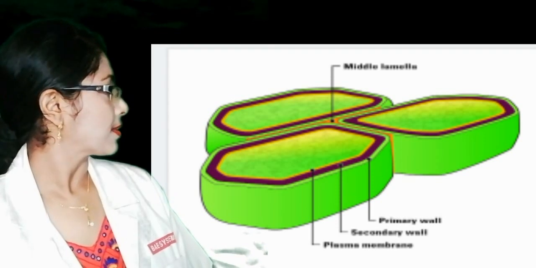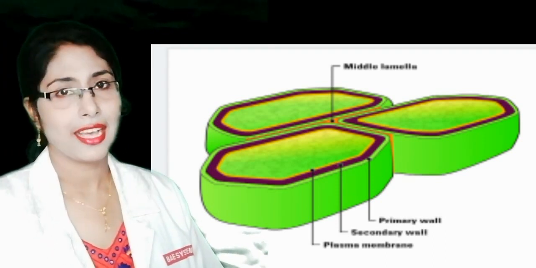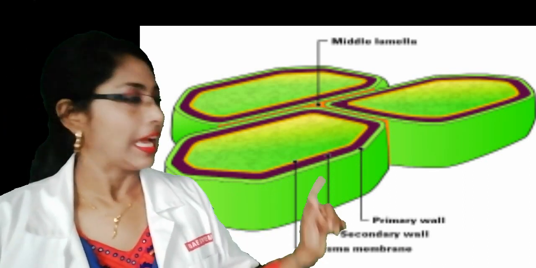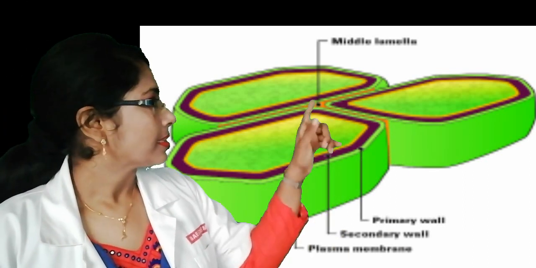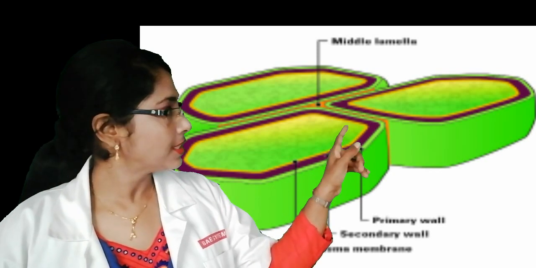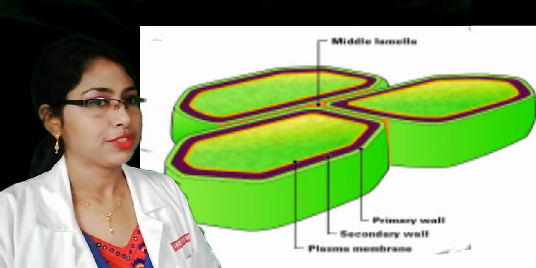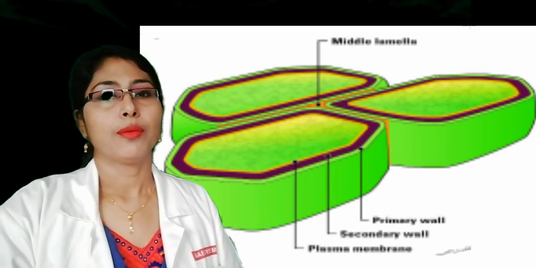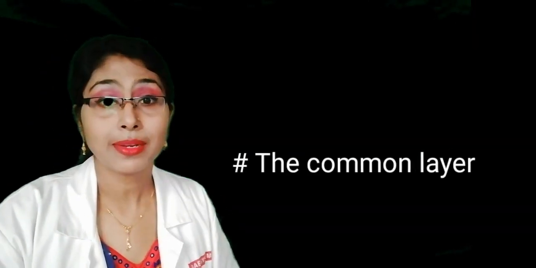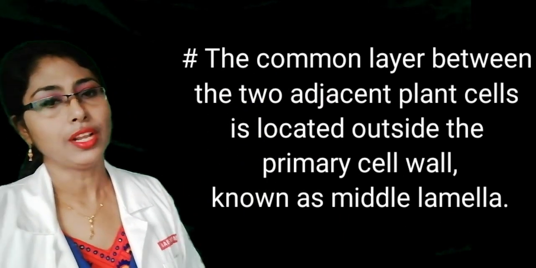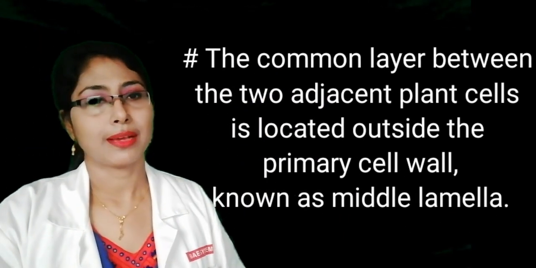Here, the arrangement of 3 cells. This one is a cell, this one another cell, and this one another cell. And in between 2 cells, this orange colored layer is called middle lamella. Now the definition of middle lamella: the common layer in between 2 adjacent plant cells, located outside the primary cell wall, is called middle lamella.